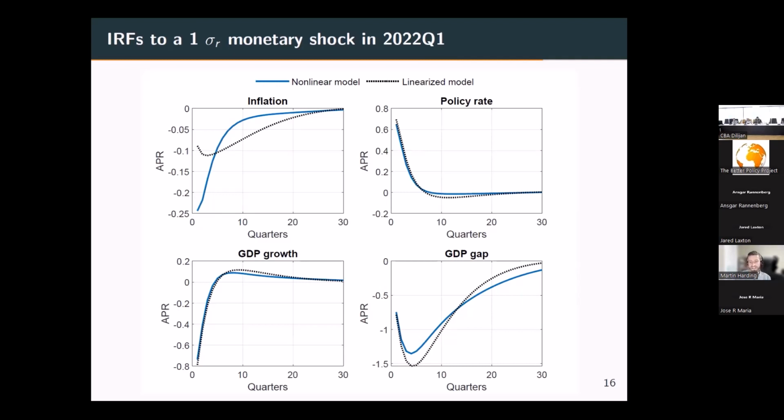But this puts that fact into perspective and says it's not only the problem that the Phillips curve is relatively flat, but when inflation is elevated, that problem is going to become even more of a problem, because cost push shocks are amplified in a nonlinear model in a much stronger way than monetary shocks are when inflation is elevated. Okay, so now this is concerning, but how can we quantify this in a more systematic way?